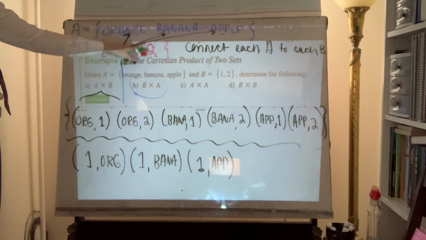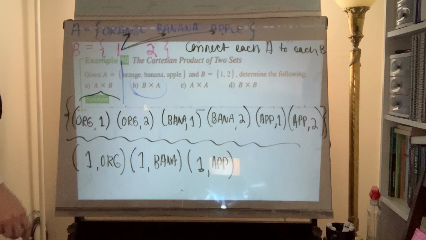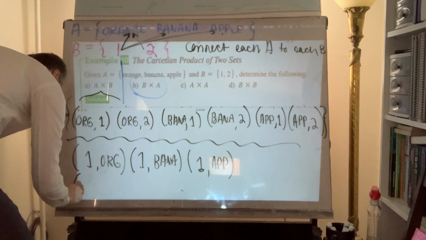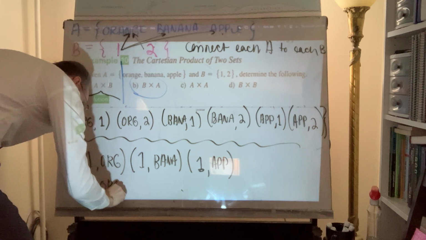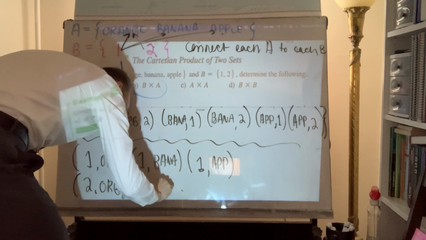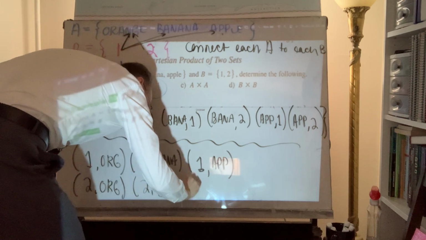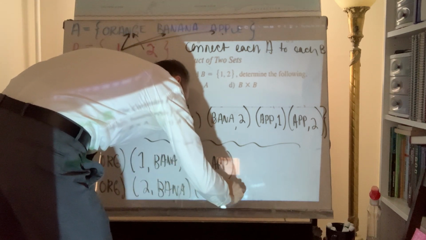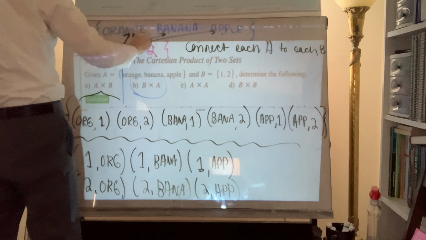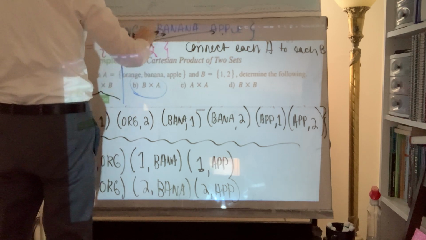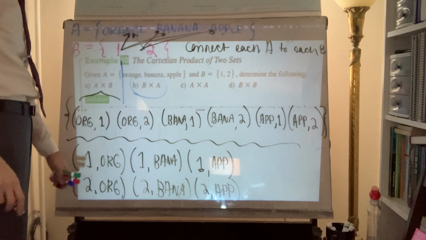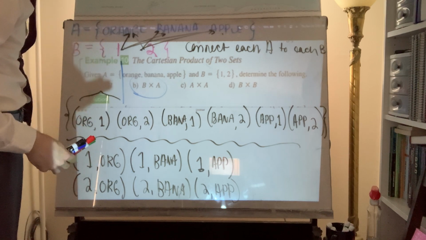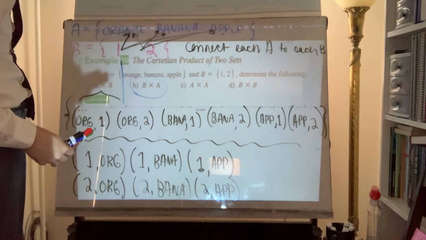Move on to the next element in B. So you'll now start with 2 orange. As you might have guessed, 2 banana. And then 2 apple. 2 orange, 2 banana, 2 apple. Okay.